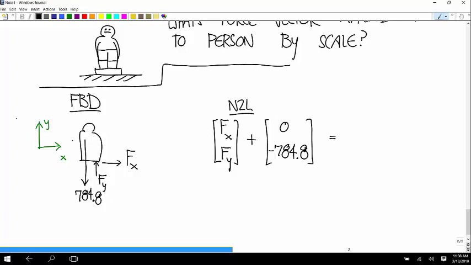And that's equal to the mass, 80, times the acceleration. What's the acceleration of this person standing on a scale?